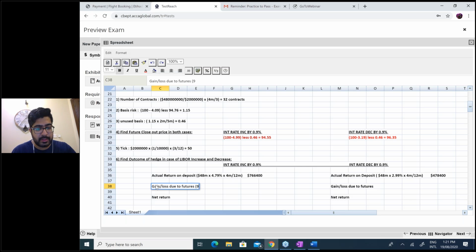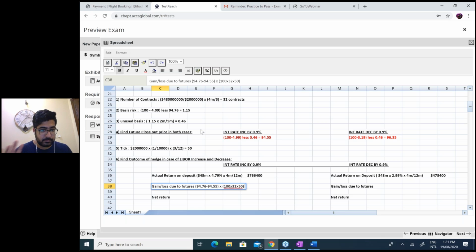The March futures contract price is 94.76, given in the question. In the increased case, you just calculated in step 4 the futures closeout price, 94.55, into spot 100, into contracts 32, into tick 50.